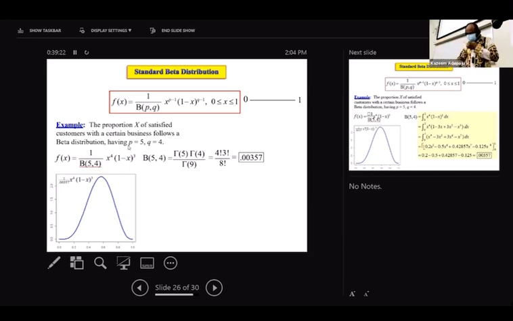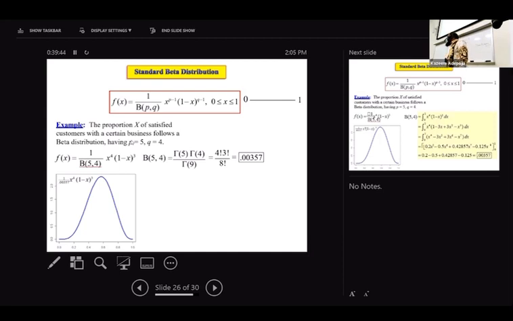Now, take a look at this example. The proportion X of satisfied customers with a certain business, of course, follows this beta distribution because when you look at your customers, some of them may be satisfied with your products or with your service, and some of them may not be satisfied.